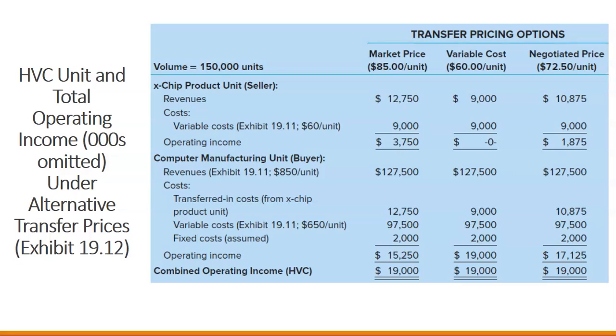And we can see that overall, the combined operating income of the organization is not affected, but the subunit income is affected. So that X chip unit, which is being evaluated as the seller, has a very different operating income under each of the three methods.